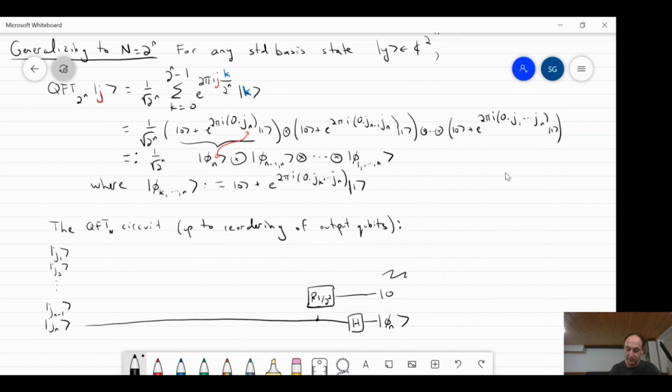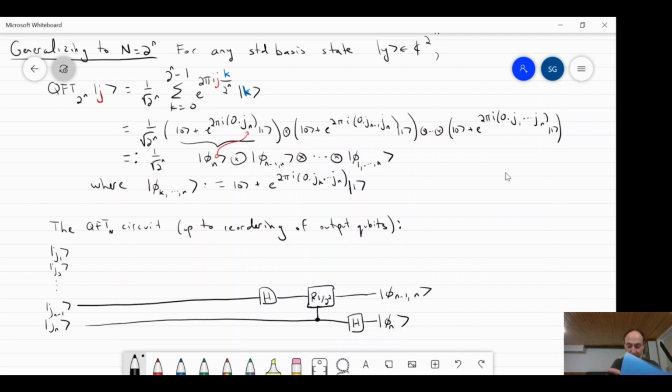So that was phi n minus 1 and n. And then we did a Hadamard here. Here we had the controlled operation that went like this. So this was our previous circuit, and the previous circuit just prepared this 2 qubit state.